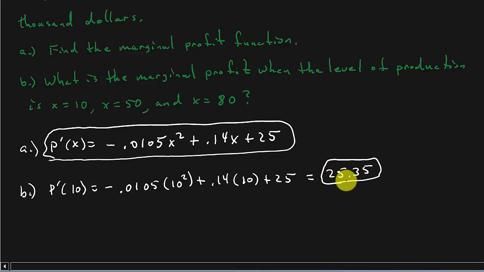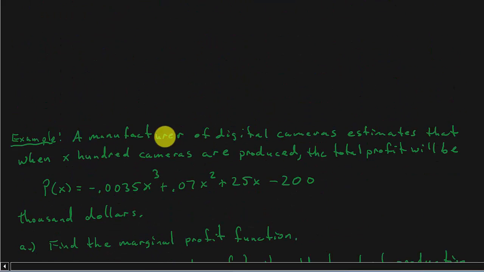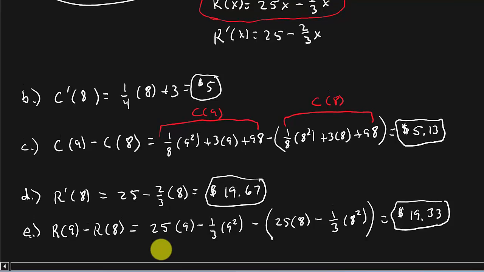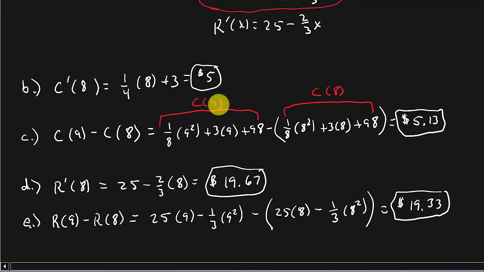Now, I know what you're thinking. But you told us to plug in 1 less, so why am I not plugging in 9? How come I'm not plugging in 9? Why am I plugging in the 10? Because that's what we did up here when we did the 9th unit. We plugged 8 in, right?